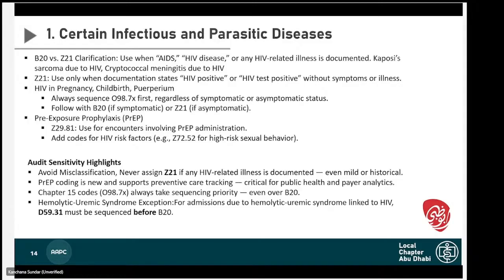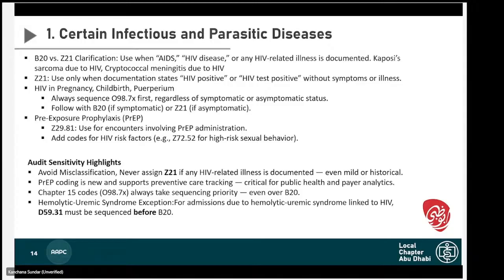And coding new and supported preventive care tracking is very important, because there is a huge analysis, as CMS has mentioned, going to happen on this prophylaxis. So be very cautious to ensure that whenever a prophylaxis is provided, you capture it while you are coding.